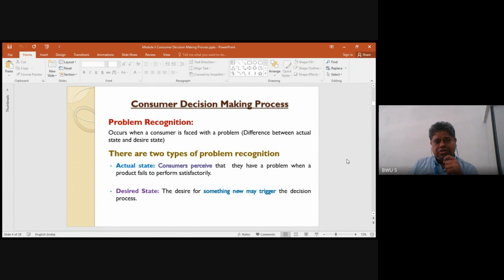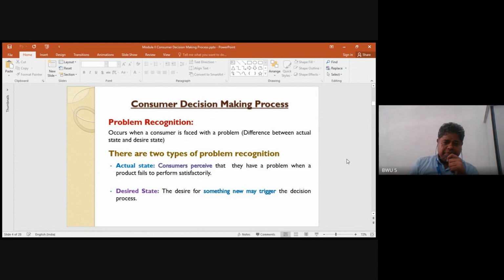The other is where there is a product you have been using fine, but you want to change your taste. You want something new, the desired one. Following these two types of states, two different contexts, we consumers are likely to recognize a problem.